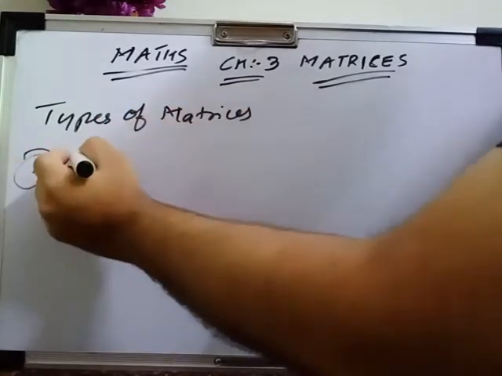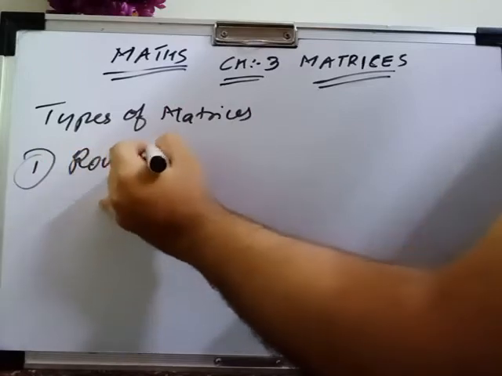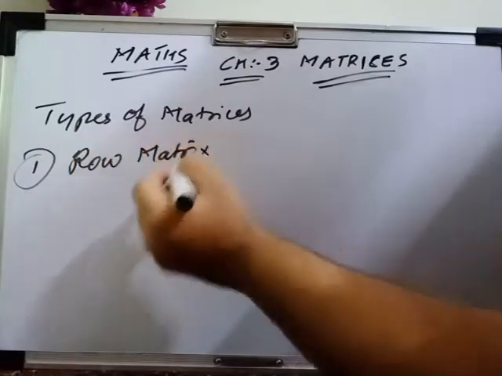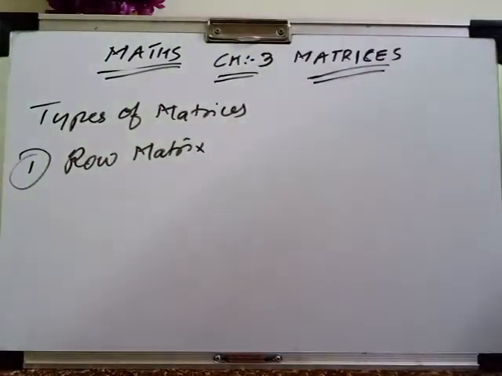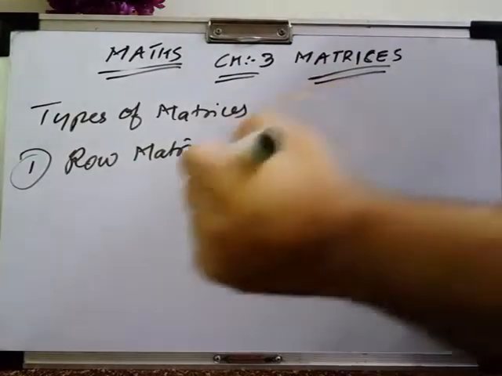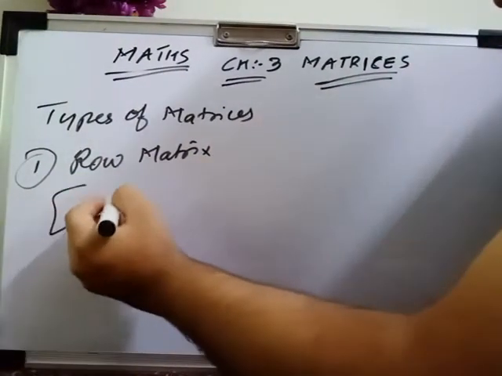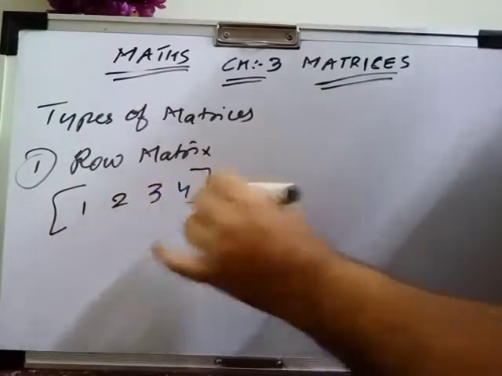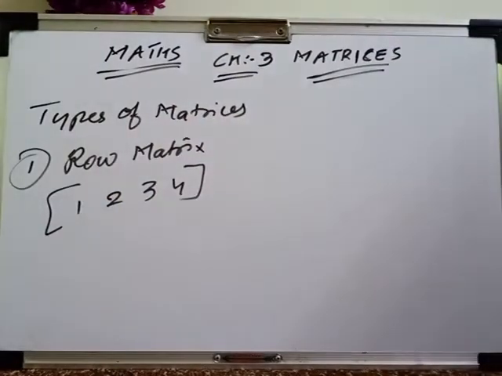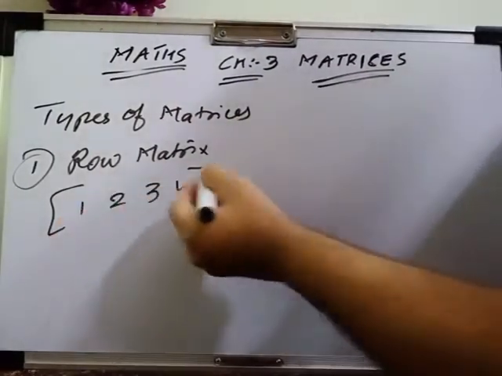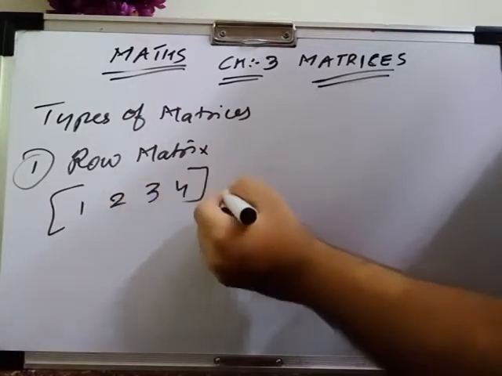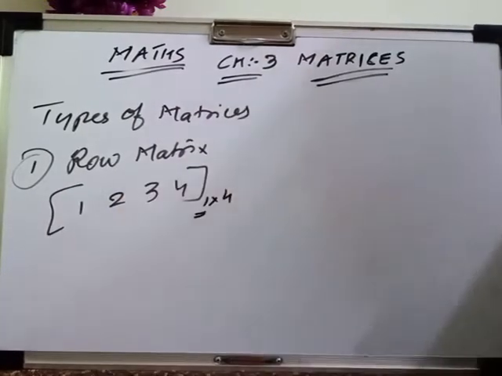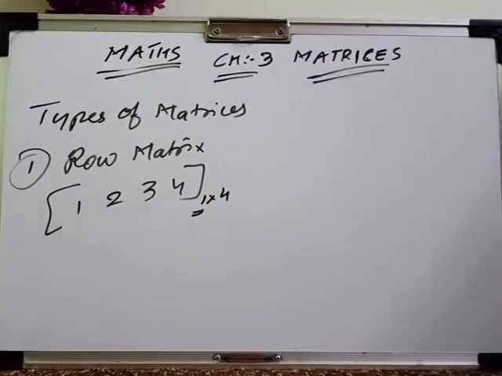First is row matrix. In this type of matrix, you will have only one sleeping line and as many as you want standing lines. The order of this is 1 cross 4. Here you can see that row is 1.